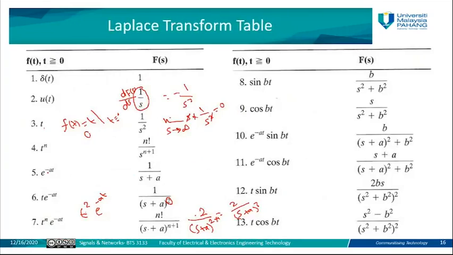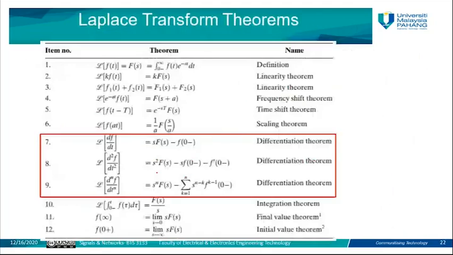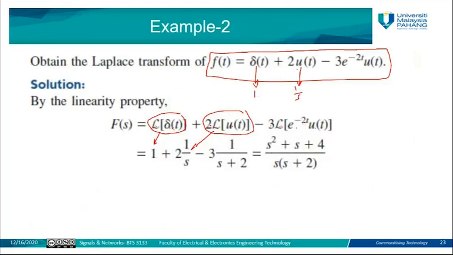For example, if it is exponential negative 2t, it becomes 1 over s plus 2. If it's exponential negative 3t, it becomes 1 over s plus 3, and so on. You just substitute the value of a. Here we have 2t, so the constant 3 stays, then 1 over s plus 2, where a in the table is equal to 2.